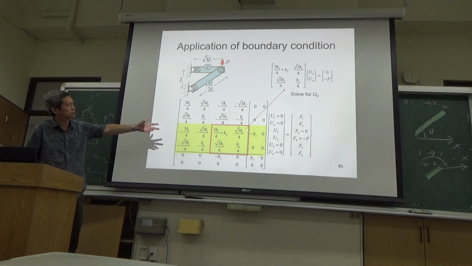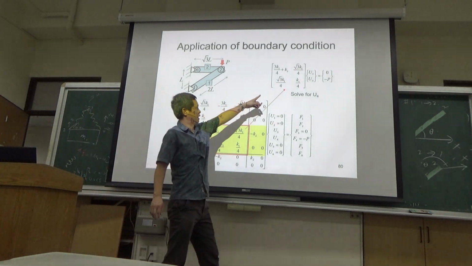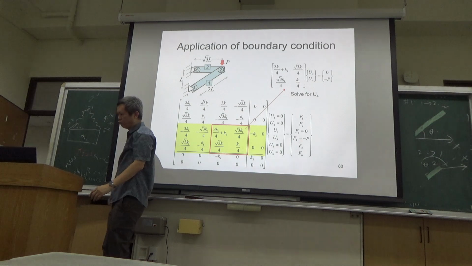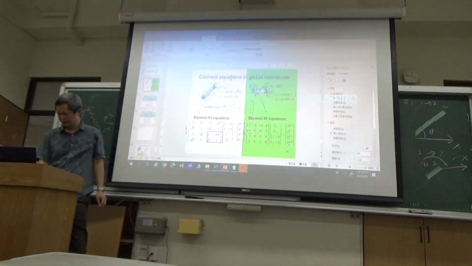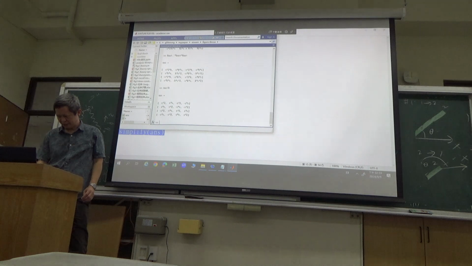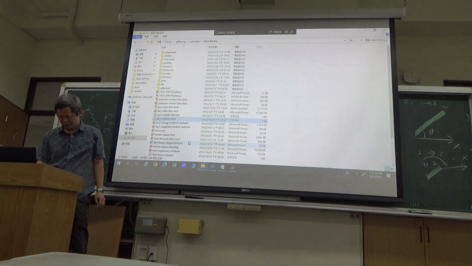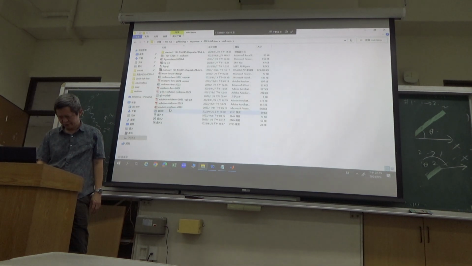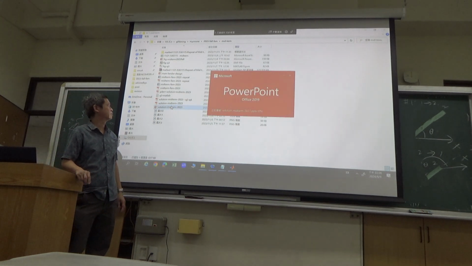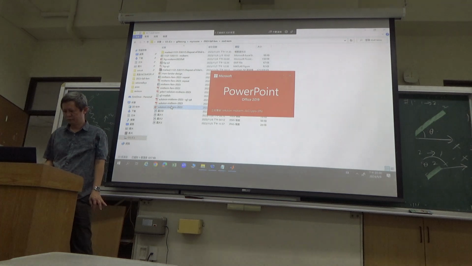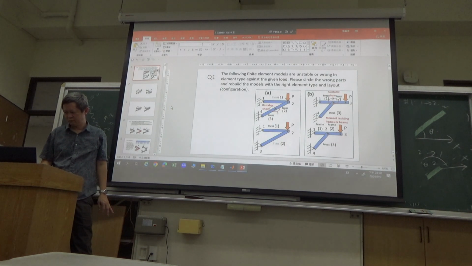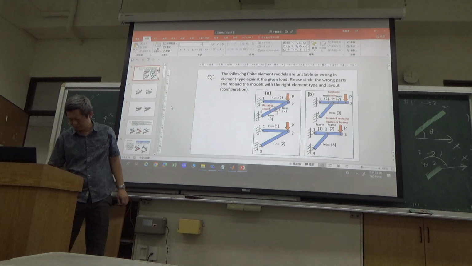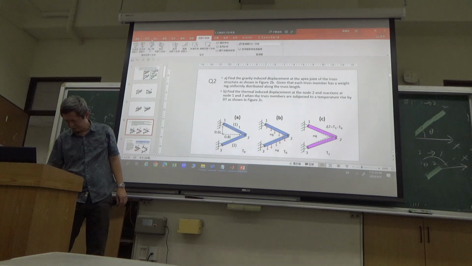Eventually you take this out and solve for the displacement. I hope I don't need to repeat the midterm.